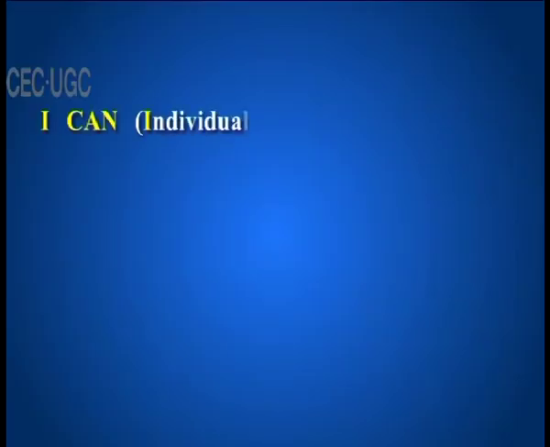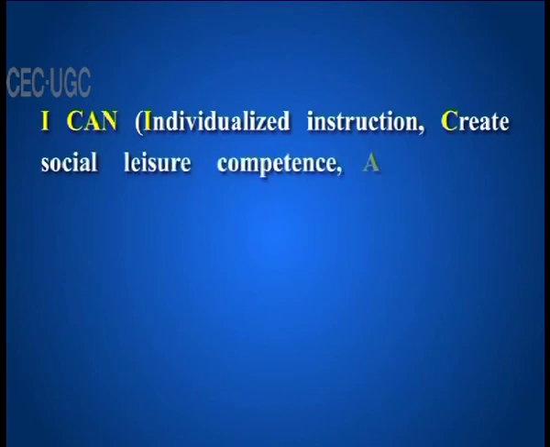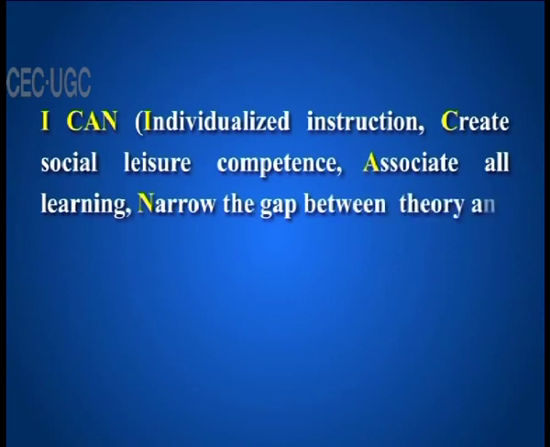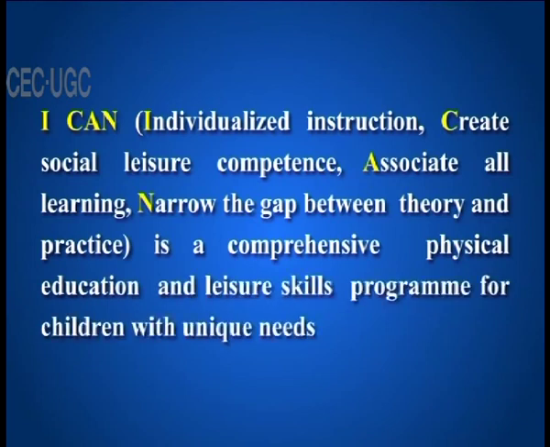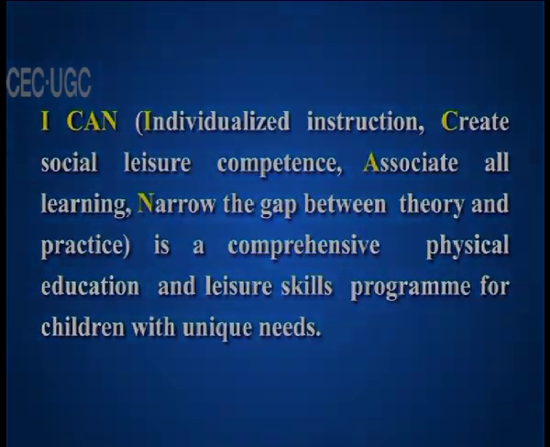I CAN means Individualized instruction, Create social-learning competence, Associate all learning, Narrow the gaps between theory and practice. It is a comprehensive physical education and leisure skill program for children with unique needs.